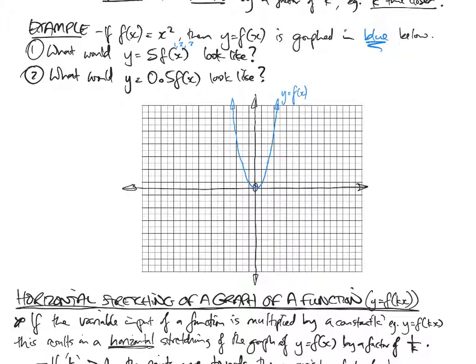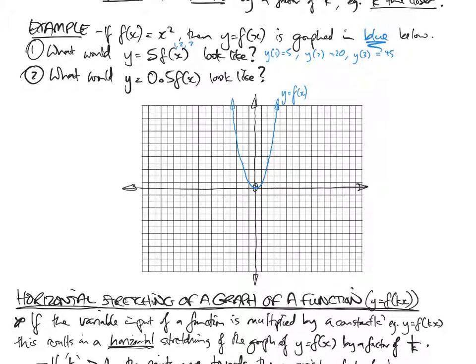So the first one, y if x is equal to 1, is going to be 5 times whatever 1 squared is. So it's going to be 5. Y when x is equal to 2 is going to be 5 times whatever 2 squared is, which is going to be 20. Y when x is 3 is going to be 5 times whatever 3 squared is, which is 9. 9 times 5, 45.